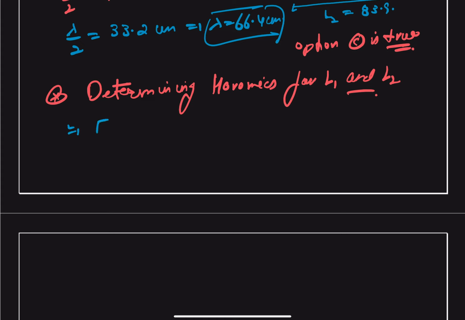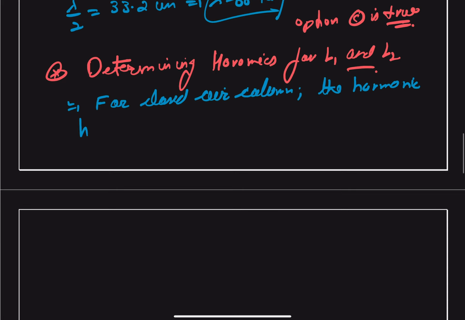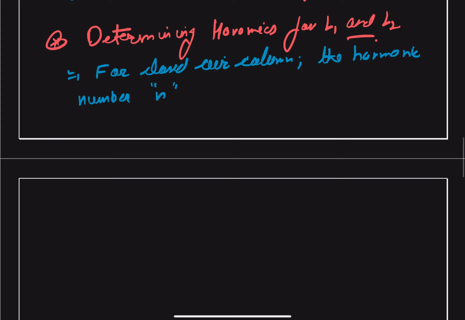For a closed air column, the resonance length for harmonic number n is related by Ln = n lambda by 4 + e, where e is our end correction and n takes odd values. So we have n as 1, 3, 5 and so on.